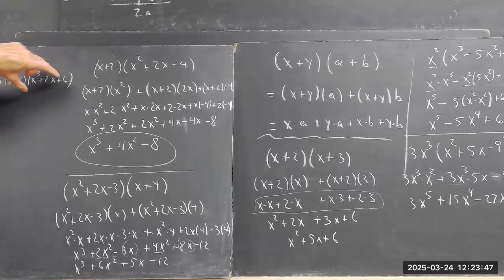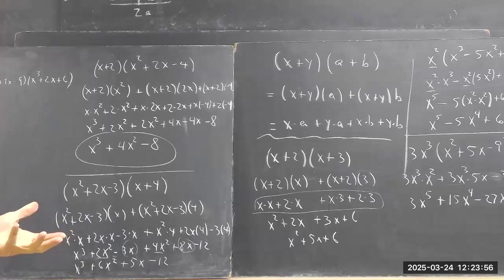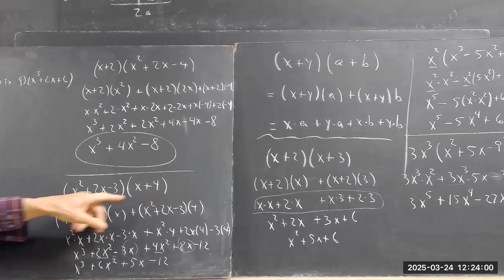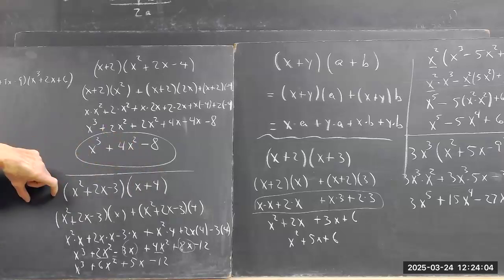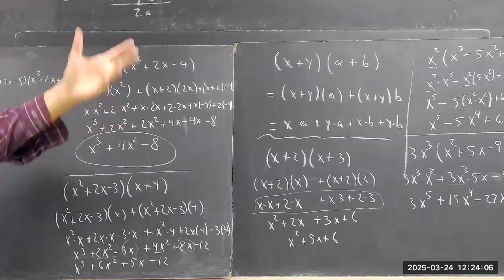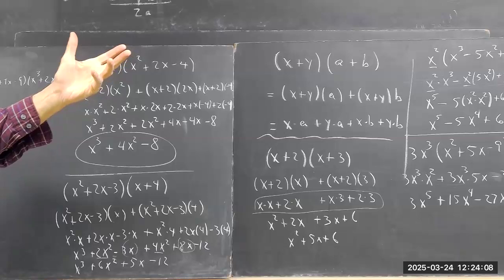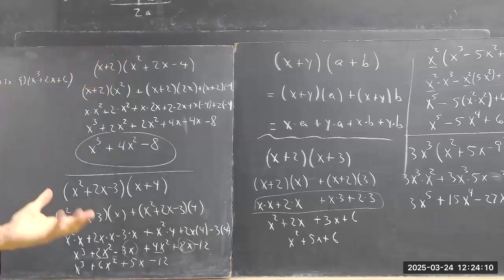Now, if there's some reason you think it'd be easier to put these in the opposite order, but since they're both trinomials, it wouldn't be any easier, and it wouldn't be any more familiar. So this would be more familiar. If you put this over here, it would look more like this. That would be okay.